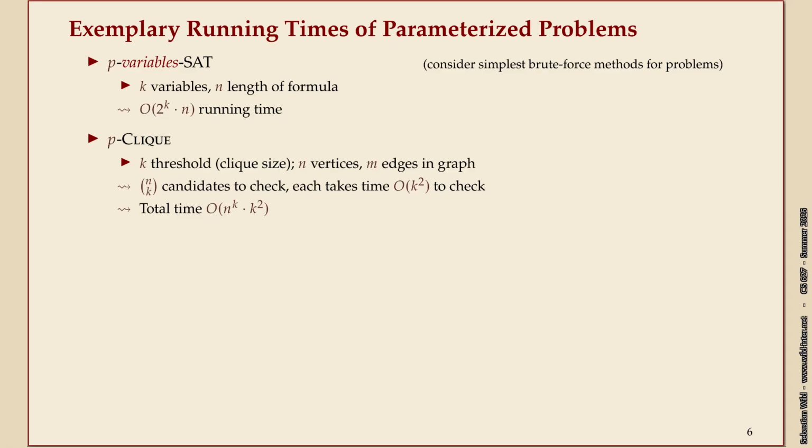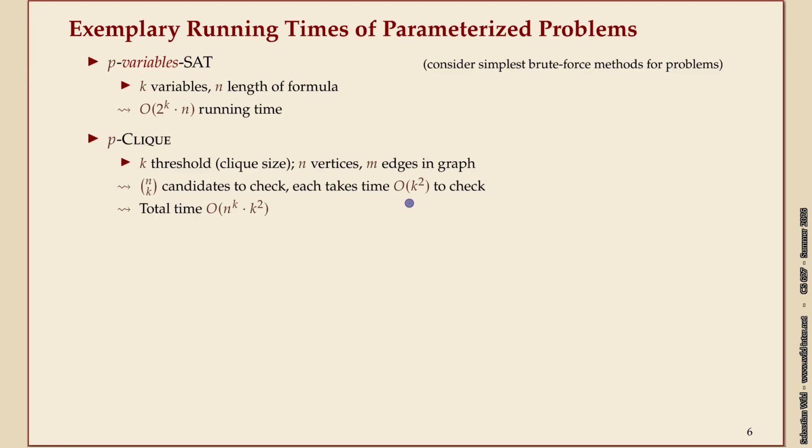Another parameterized problem, the p-clique problem that we've seen before. If I were to check in a graph whether it has a clique of size k, the simplest thing to try is just go through all subsets of k vertices, and check if all of the k choose 2 edges between them exist.